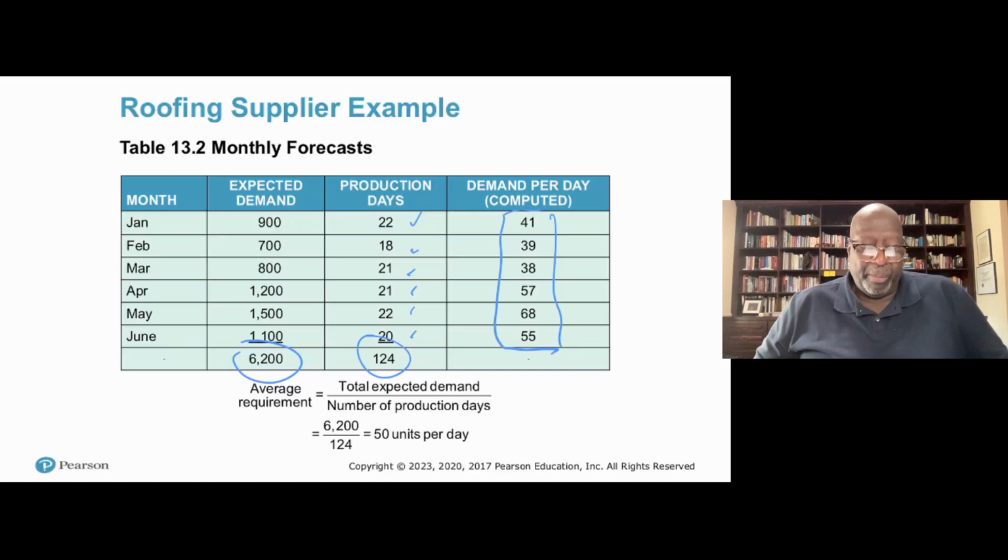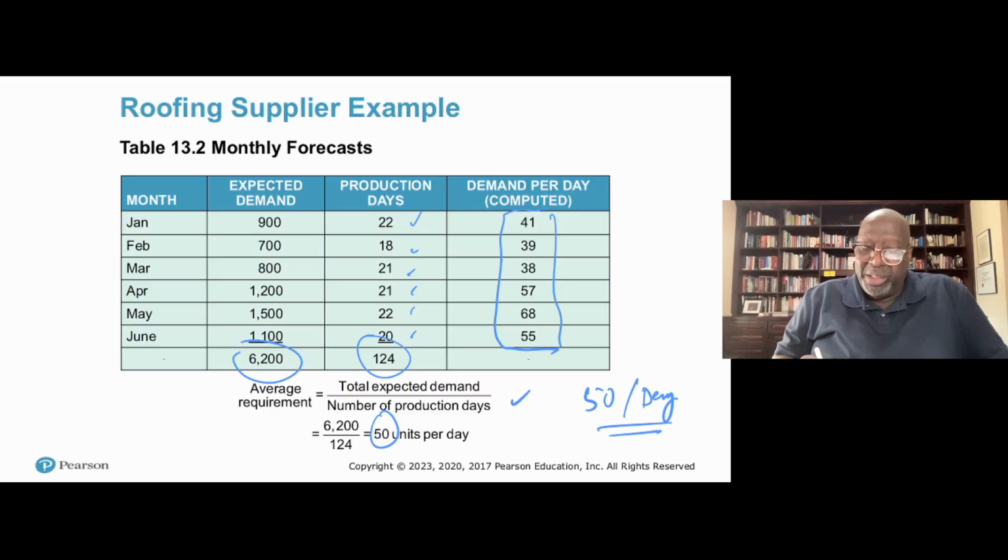We know the daily demand fluctuates, but if we take the total demand and divide it by the total number of days available to us, we have 50 units per day as the average requirement.